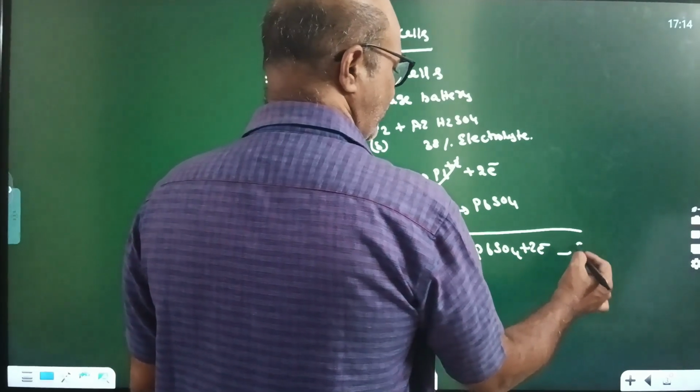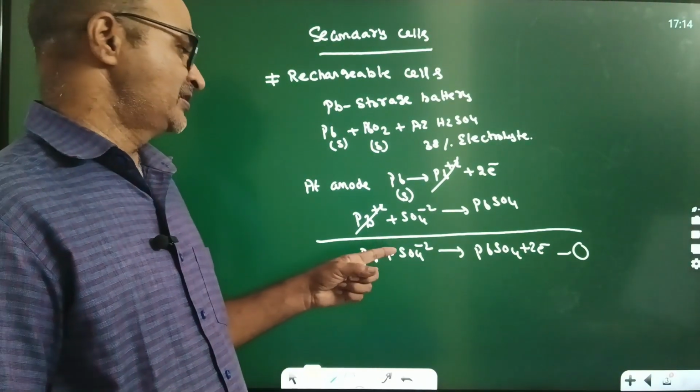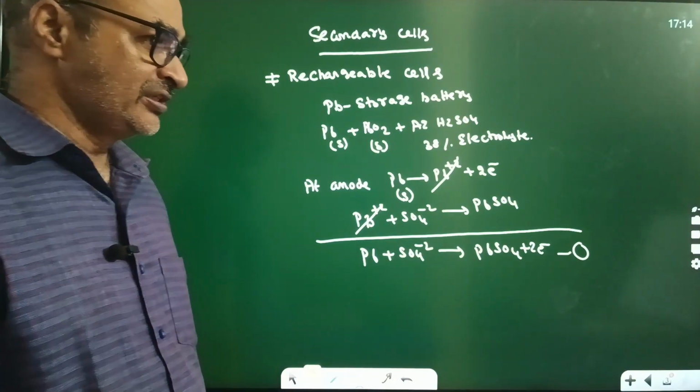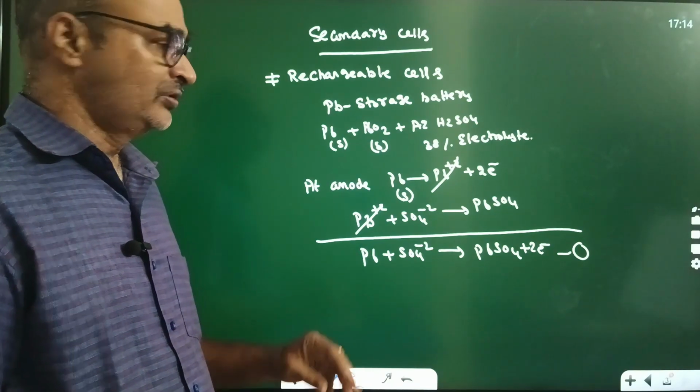This is equation 1. This reaction takes place at the anode.